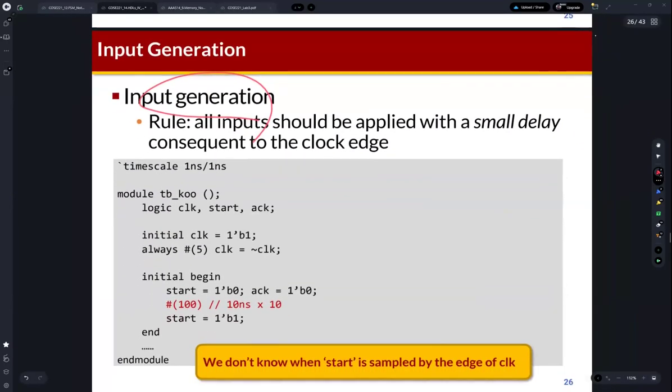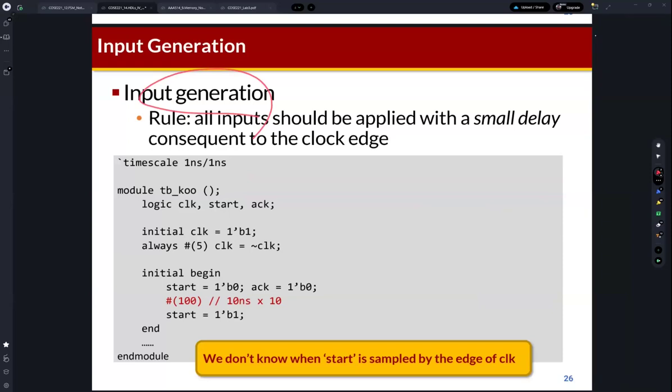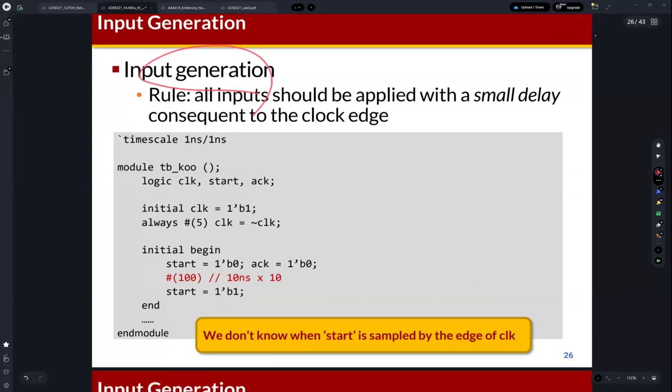This is an example of input generation. The clock signal is a periodic signal, and the reset signal is also a kind of input signal.